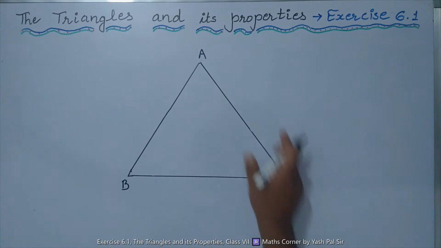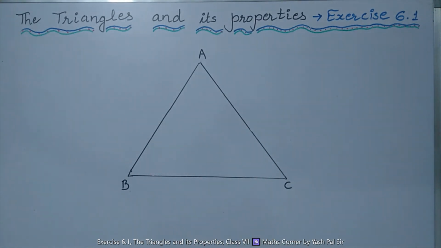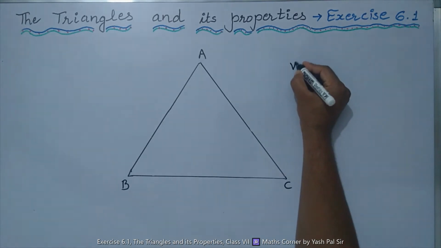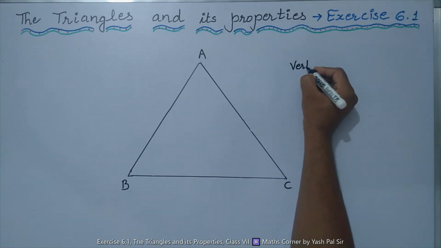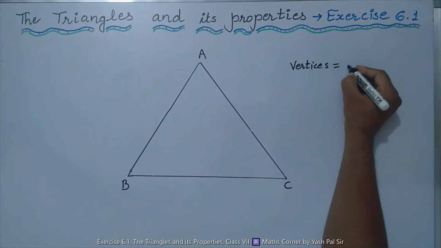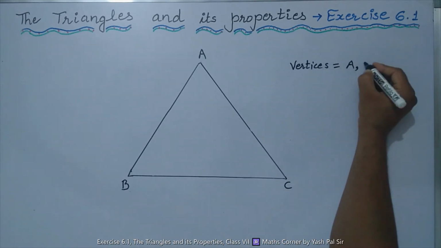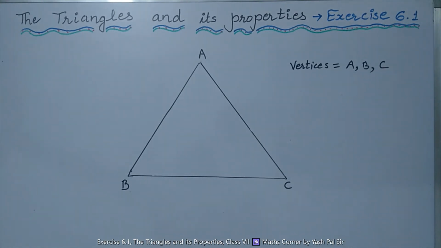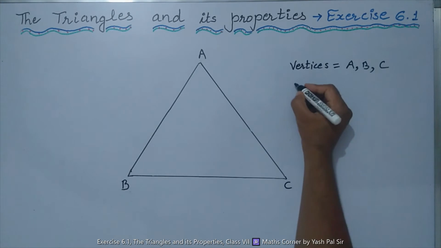All together they are called vertices of the triangle. So what are the vertices? Vertices are A, comma B, comma C. Right? Next we have sides.